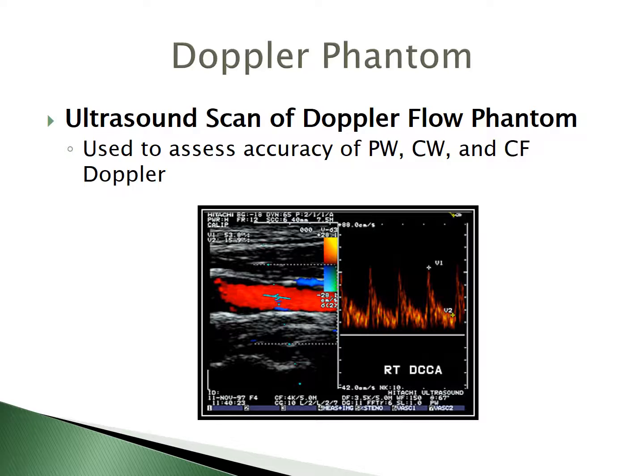So we can test color and measuring the calipers on our spectral tracings. So this is an example of a Doppler phantom being used to test within a actual vessel with flow and color on it.